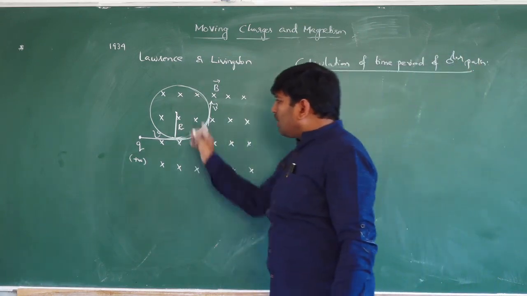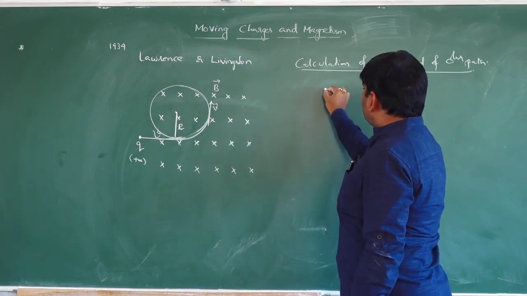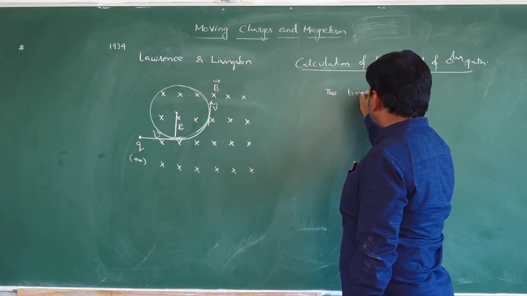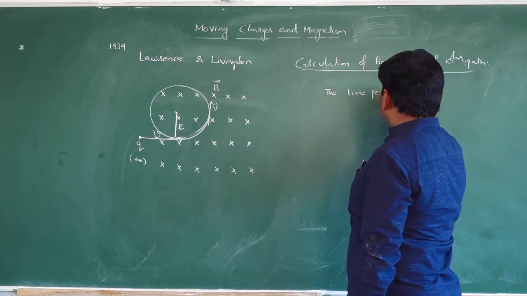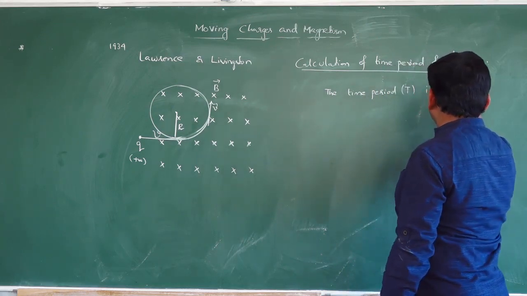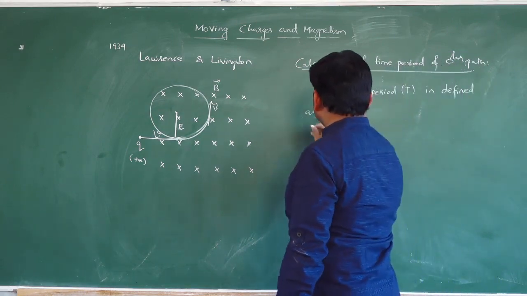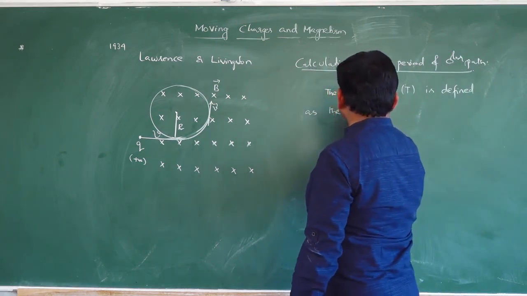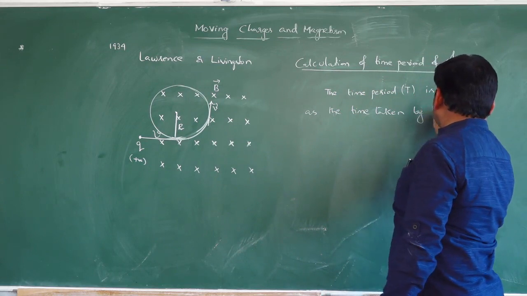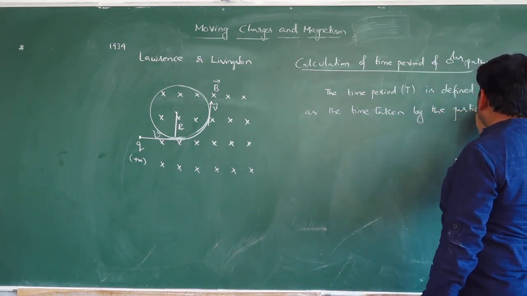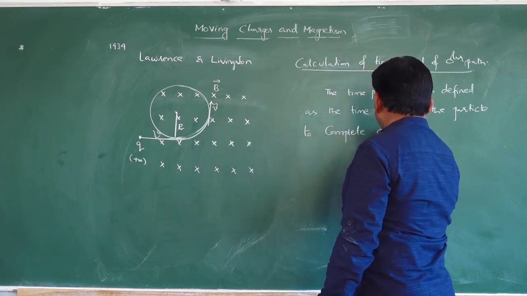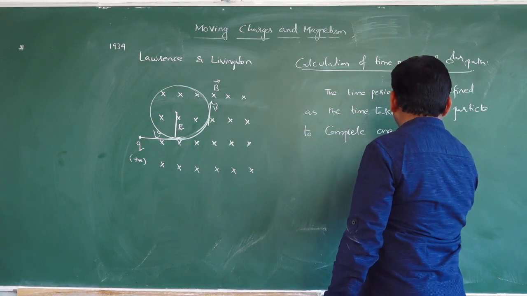The time period, capital T, is defined as the time taken by the particle to complete one revolution.